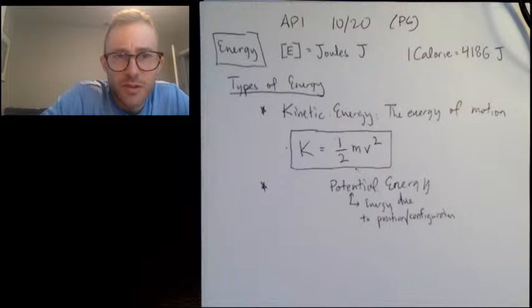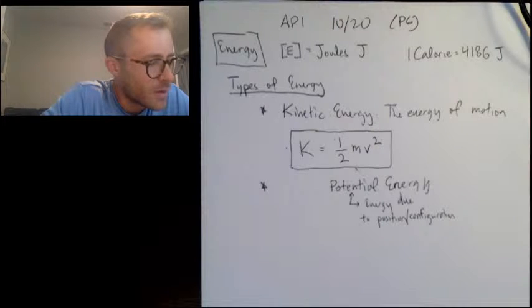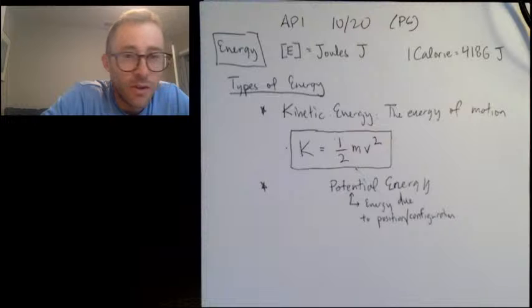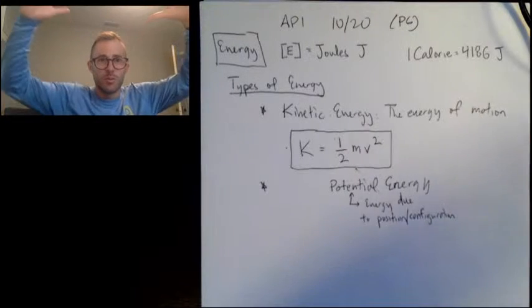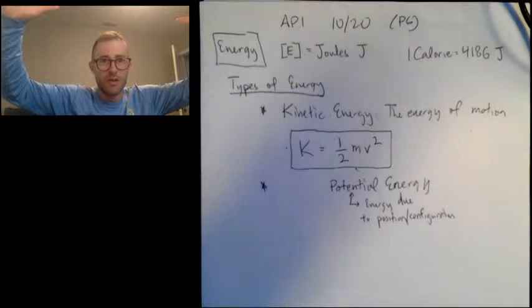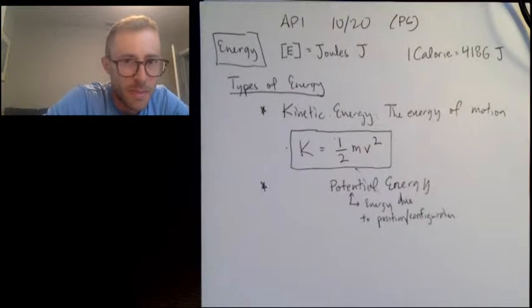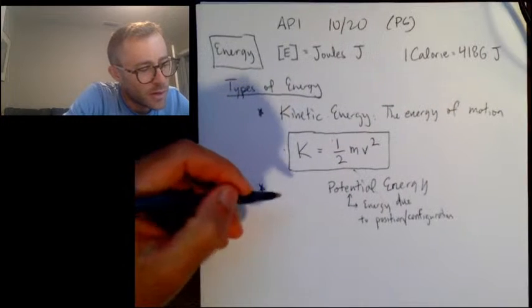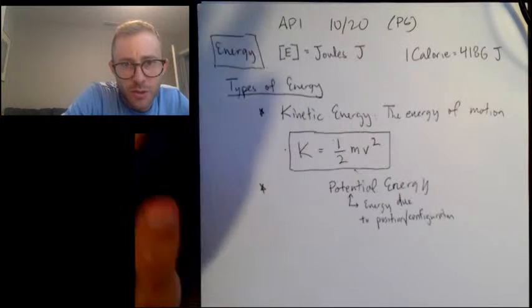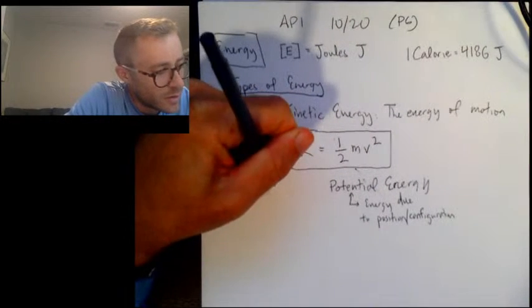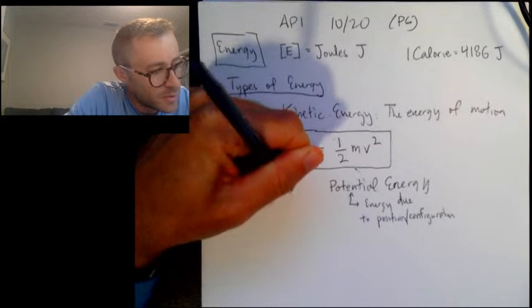There are also things like electrical potential energy. So if we think about a storm cloud that's about to have a lightning strike, it has electrical potential energy. Okay, but the form of energy that we're going to focus on today is called gravitational potential energy.